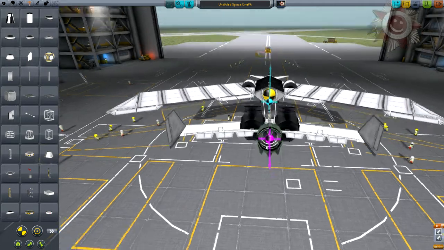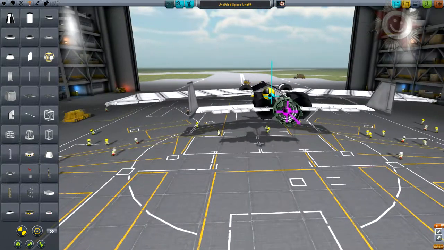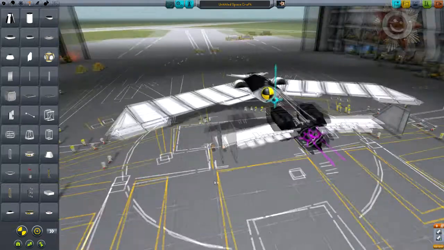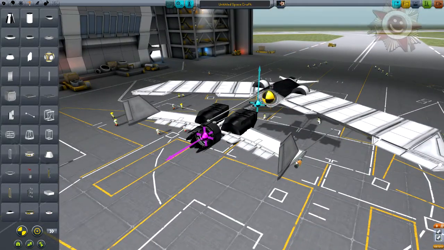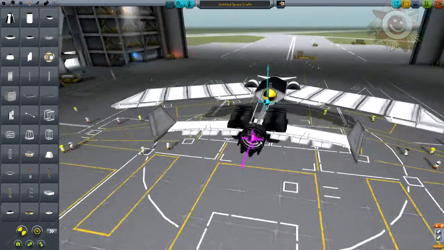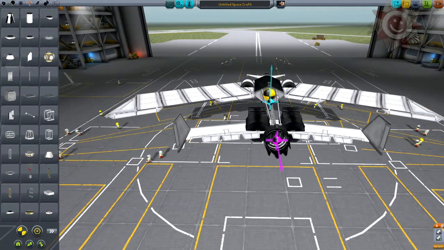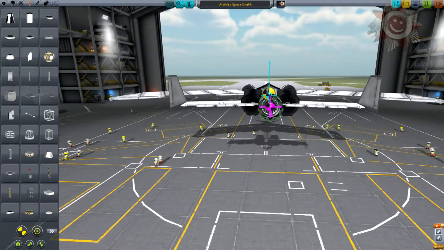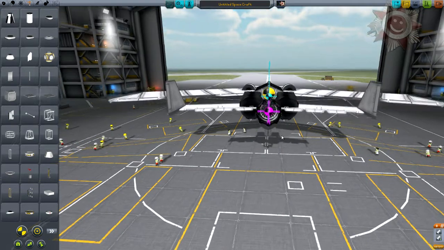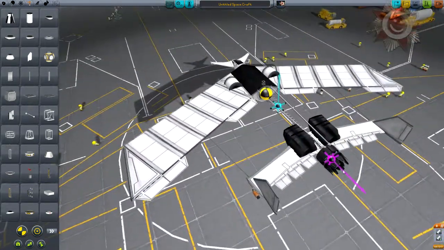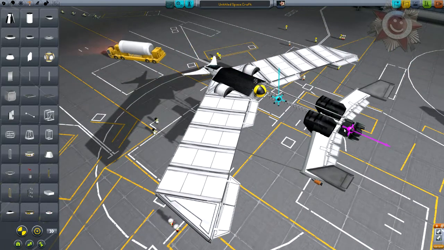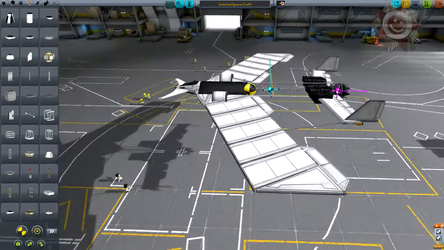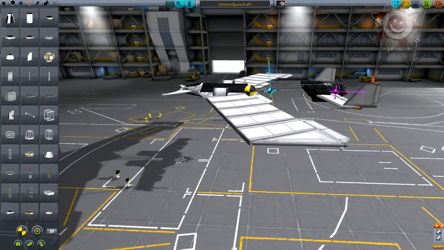The one jet engine right here in the middle, the center line, and two rocket engines here, also symmetrical in regard of the center line. So we have the center of thrust right here in the middle, and that's where we need to have it. It needs to be right behind the center of mass.